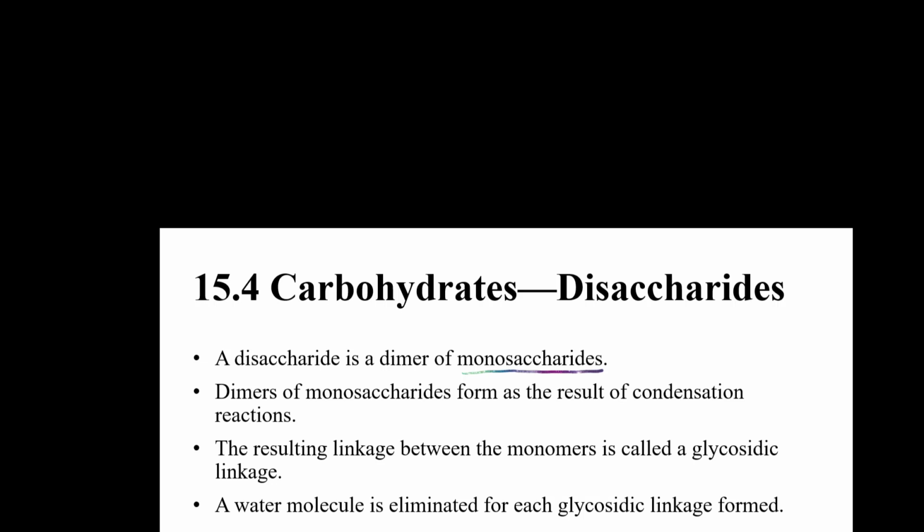When the two monosaccharides bond together through this glycosidic linkage, it's called a dimer of the monosaccharides, and now the entire compound is called a disaccharide.